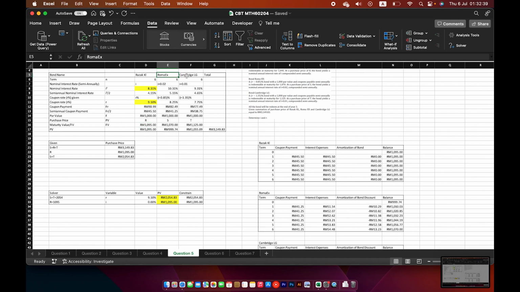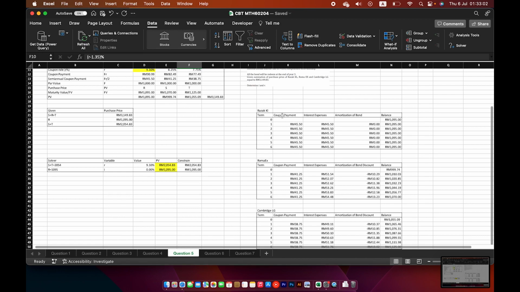And for Roma EX and Cambridge LG, it's the relation between I plus 0.02 and R minus 0.85. This value we get here is R and this value we get here is I. And for Cambridge LG it is also the same, I plus 0.01, and the coupon rate is R minus 1.35%.